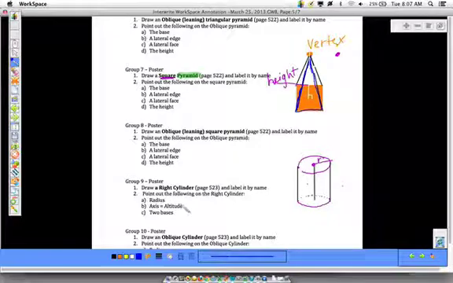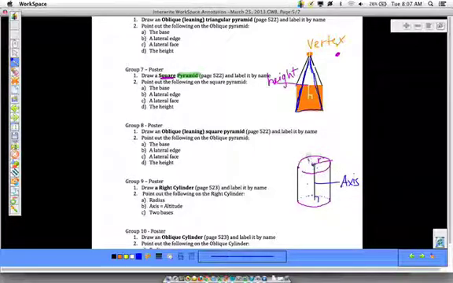A new one, the axis, which is the same as the altitude. If you think of how the Earth revolves or rotates around the axis, or if you're a car person, the axle of a car, the wheels rotate around the axis or the axle. That's the same thing here. This is the axis, and that is the same as the altitude or the height. So that's the axis. That's what it can spin around on.